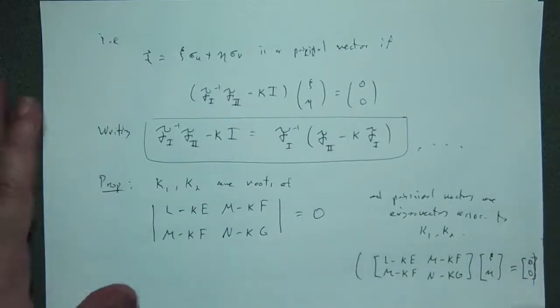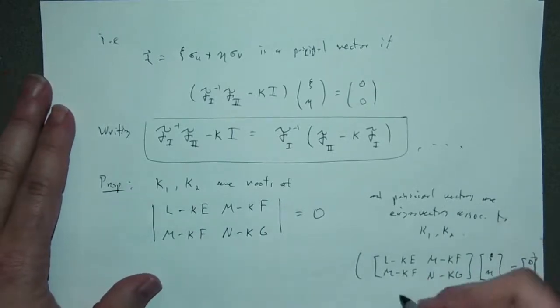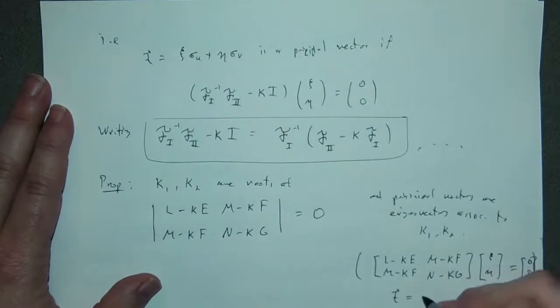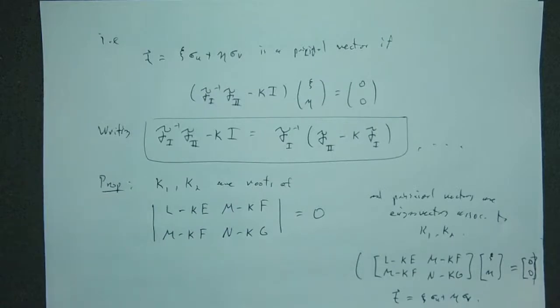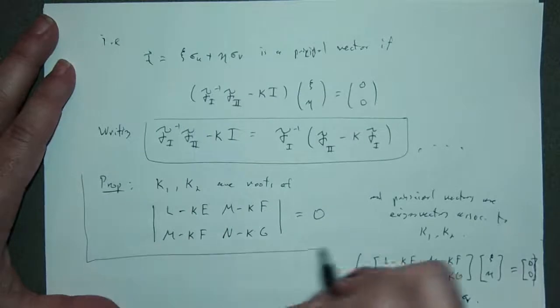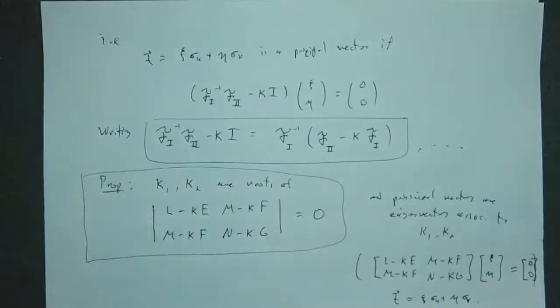That's what is meant if I have a vector xi sigma u plus eta sigma v. And this is the main way we compute principal curvatures.